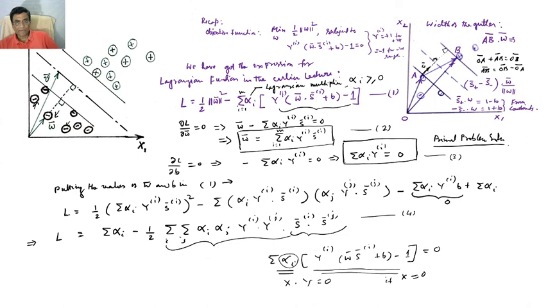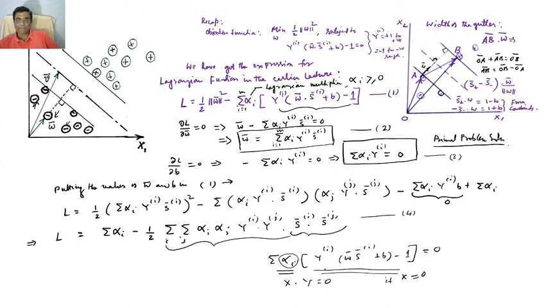Two quantities multiply to 0. We have said that alpha is a Lagrangian multiplier, which cannot be negative. So it could be either 0 or positive. Now, if it is 0, that means the other term is not 0, and that means the samples are not on the gutter.